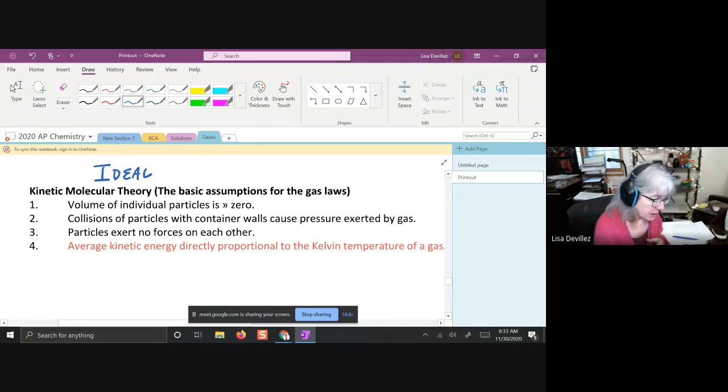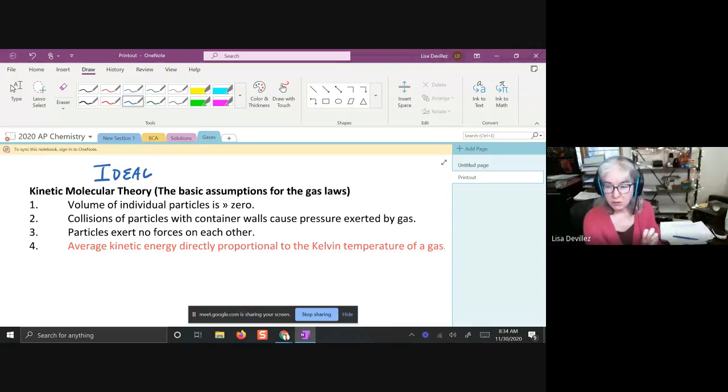The third one here: the particles exert no forces on each other. At the beginning of next semester, we're going to look at the attractive forces between molecules. In some circumstances those forces do play a role in changing the frequency of the collisions of the gas with the wall, because if molecules are able to attract or repel each other, then they can change the pathway of the molecules.